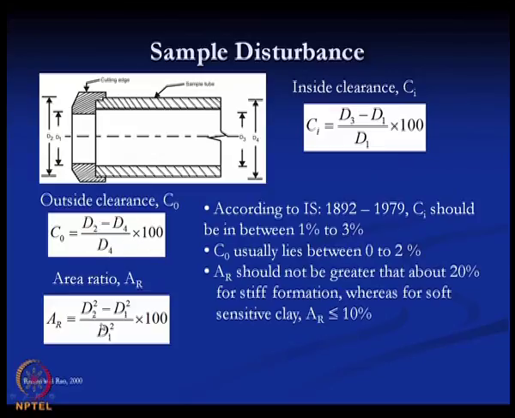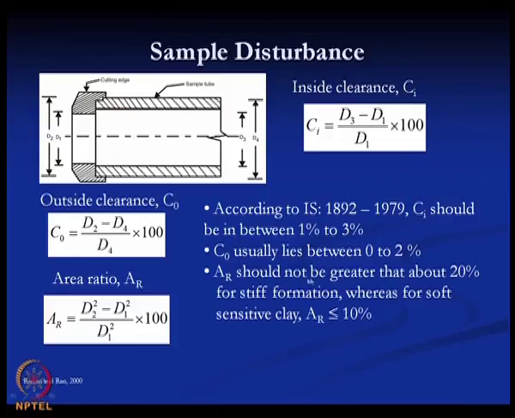The area ratio for this type of sampler tube is (D2 squared minus D1 squared) divided by D1 squared. According to IS 1892-1979, Ci should be between 1 to 3% for good sample collection, and C0 usually lies between 0 to 2%.